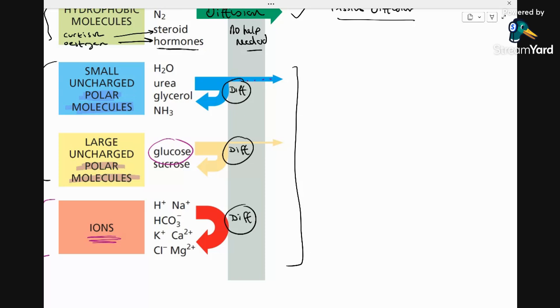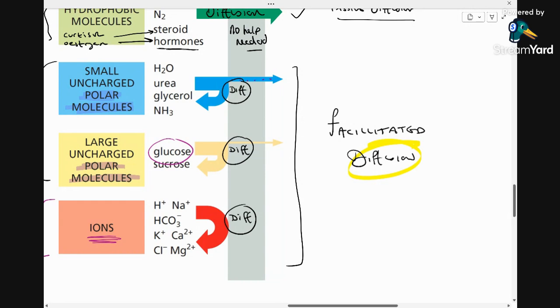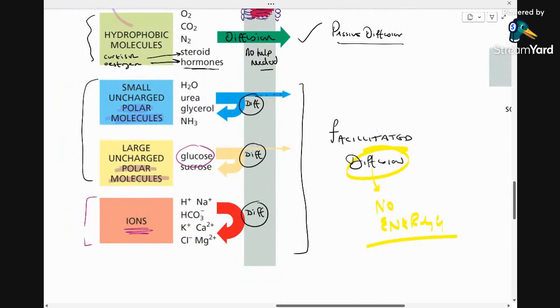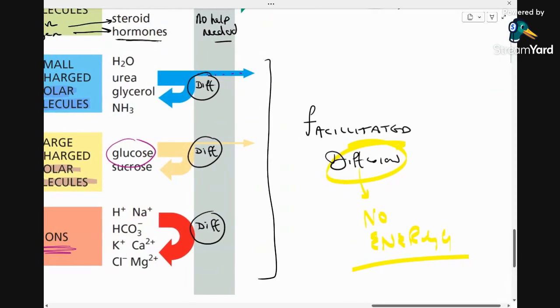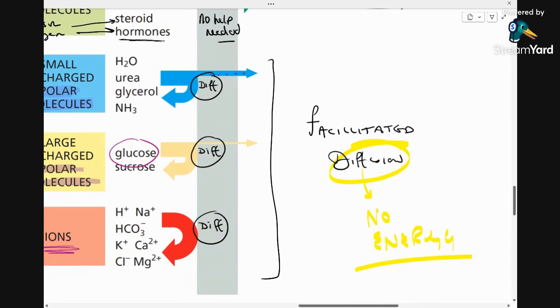So this type of movement is called facilitated diffusion. The key point is it's still diffusion, no energy required. That's really important. Still diffusion, except it's not really a passive process anymore. I mean, it kind of is, but we refer to it as facilitated because we need to do something.